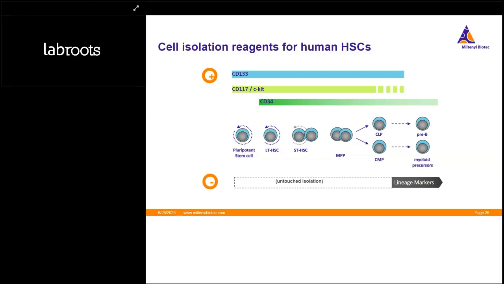And downstream, after getting the hematopoietic stem cell, we also use some lineage cell depletion kits that label everything but the CD34 HSC to remove those things and get the untouched HSC, and in this way keep the pluripotency of the HSC.